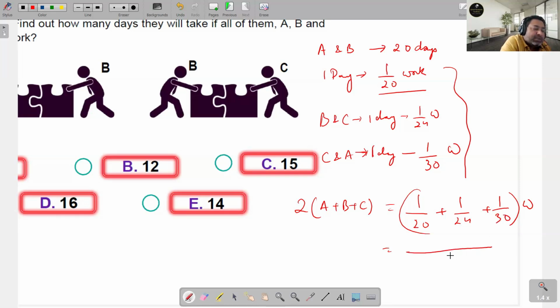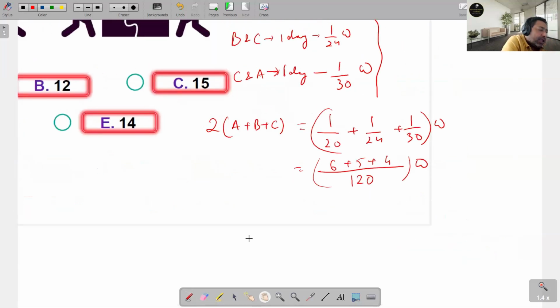The LCM is going to be 120. So 6 plus 5 plus 4, and this is equal to 15 by 120, which is equal to 1 by 8 work. Therefore, 2 of A plus B plus C will do the work in 8 days.